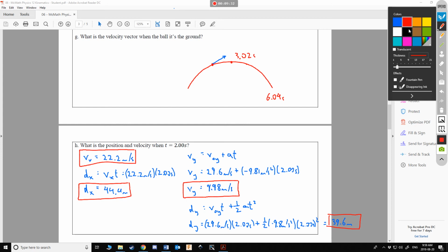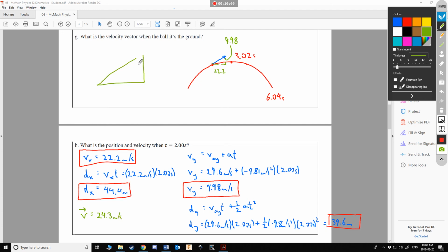And finally, we can solve for our velocity vector. We found the x direction is 22.2. The y direction is 9.98. So now we need to use a squared plus b squared equals c squared. We get our velocity at that point. So 9.98 squared plus 22.2 squared, square root. We end up with a speed of 24.3 meters per second.